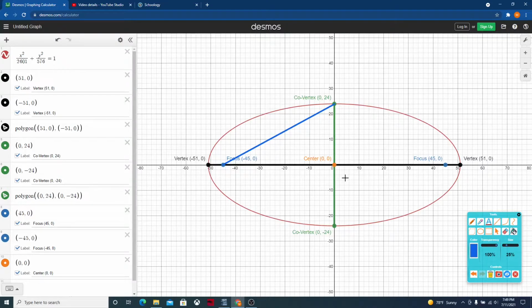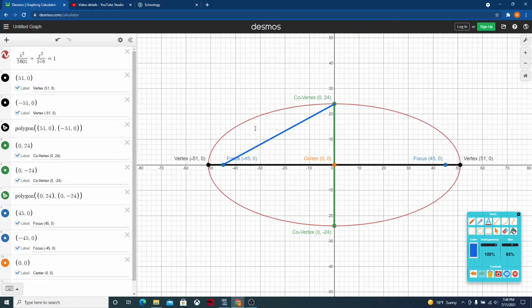And what that means is that the hypotenuse of this right triangle has a length of 51, because 24 squared plus 45 squared is equal to 51 squared.